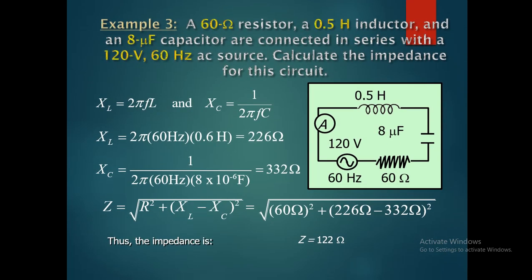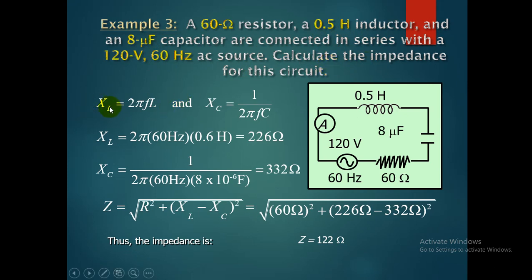Here we are taking one example to explain impedance values in the circuits. A 60 ohm resistor, a 0.5 Henry inductor, and an 8 microfarad capacitor are connected in series. This is an LRC circuit, and a 120 volt, 60 Hz AC source is given here. They ask to calculate the impedance for this circuit.